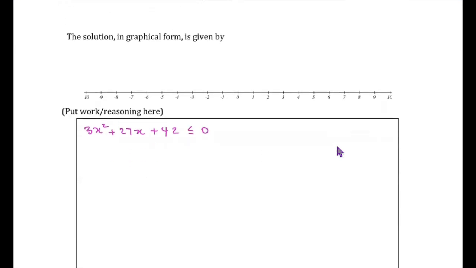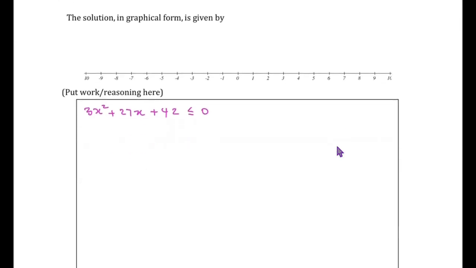Now, because when I'm looking at all the terms, they have a common factor that is 3, I can divide the terms by 3 to clear the common factor. So that's going to be x squared plus 9x plus 14, which is less than or equal to 0.